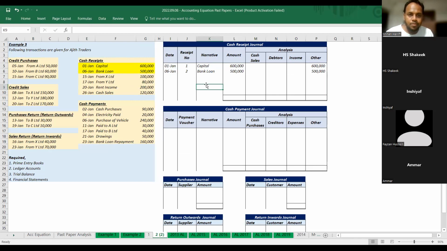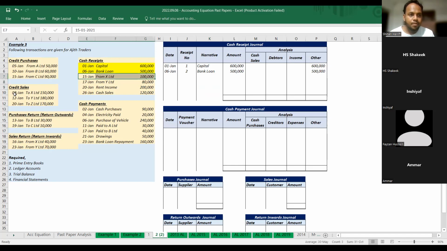Receipt number 2: date, receipt number, the narrative or the description, amount, and the analysis. In analysis columns, we will have cash sales, debtors, income, and other. January 15th from X Limited.